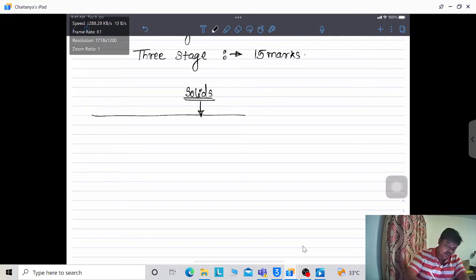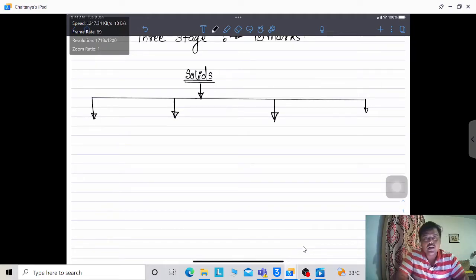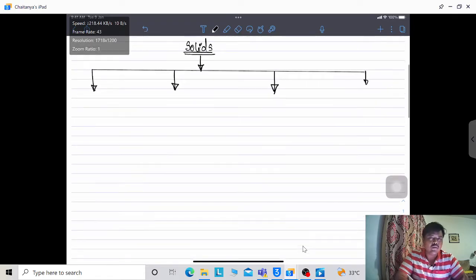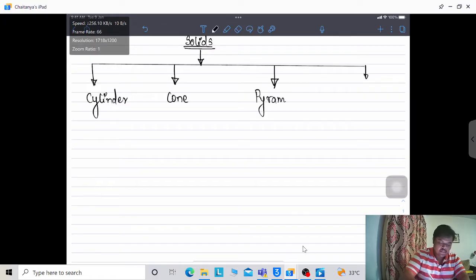There are four types of solids: cylinder, cone, pyramid, and prism.